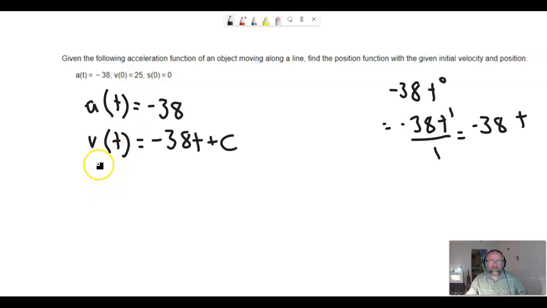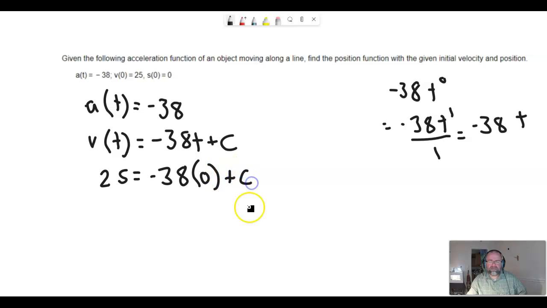So I'm going to replace v evaluated at 0 with 25, and that's going to equal negative 38, and replace the t with the 0, plus c. And that's going to give us that c is equal to 25. So our constant of integration for the velocity function is in fact 25.